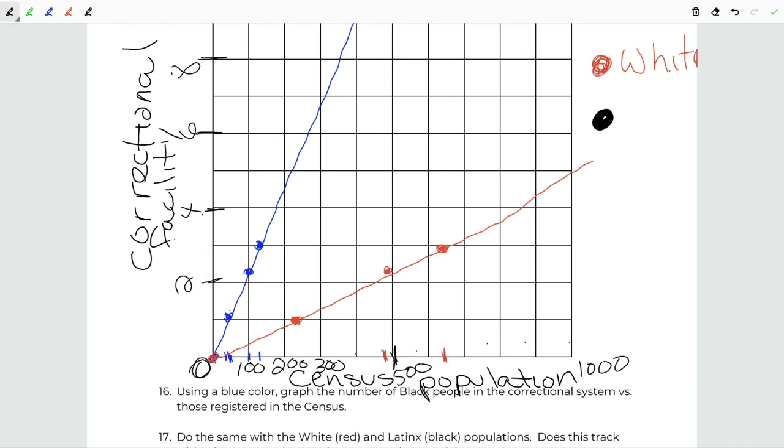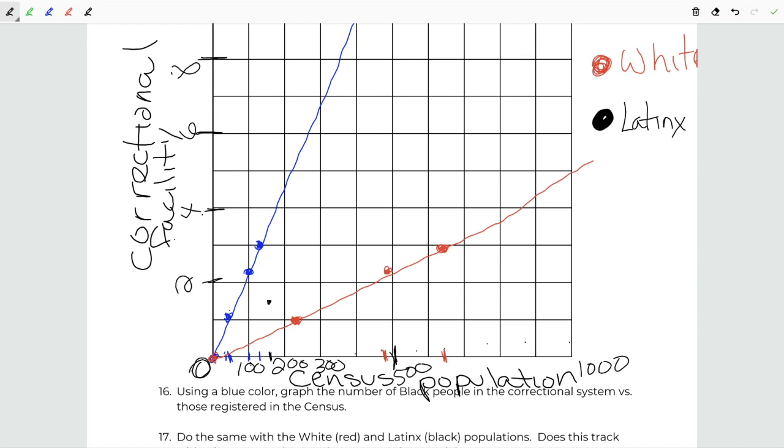Let me get the right color. There we go. Going to our first line of the data that we filled out, we have for every 160 Latinx people, 1.4 of them are in our correctional system. So 160 is a bit over halfway between 100 and 200, and 1.4 is a little under halfway between 1 and 2.